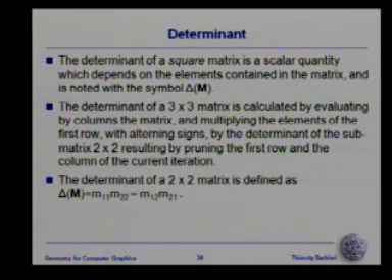We did it last time. So basically, you calculate it by multiplying the elements of the first row with alternating signs by the determinant of the 2 by 2 submatrix that you obtain by taking away the row and the column of the element on the first row we are taking as a reference. You should remember these, right?